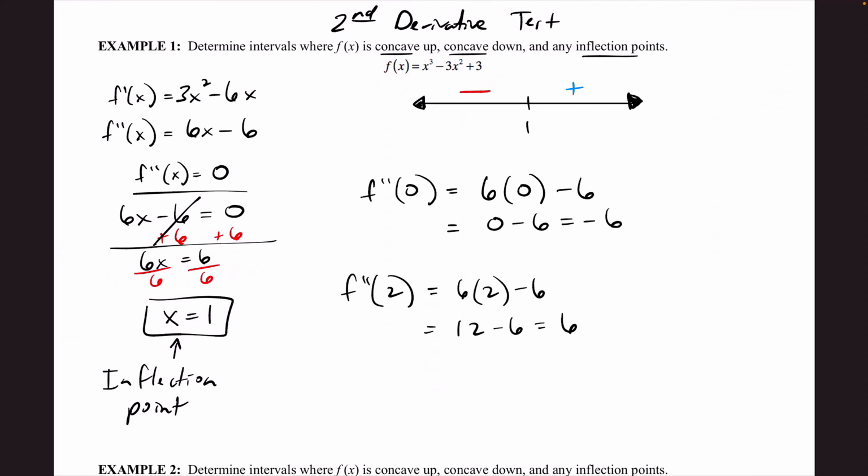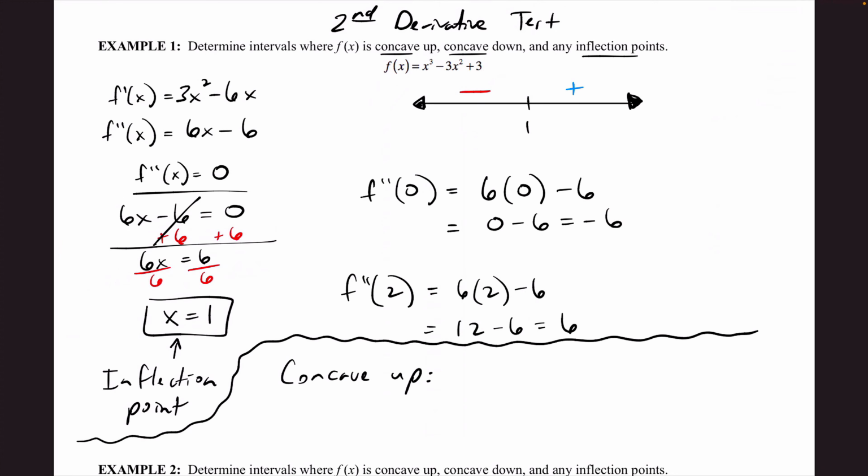Okay? So here we go. Concave up. Right? So concave up started at 1 and went to positive infinity.